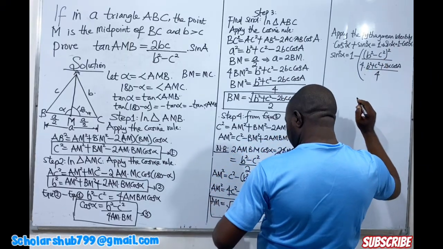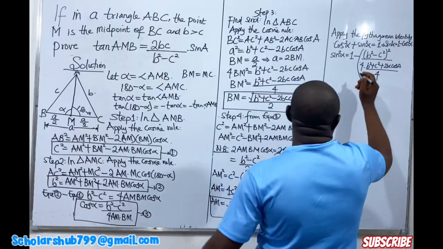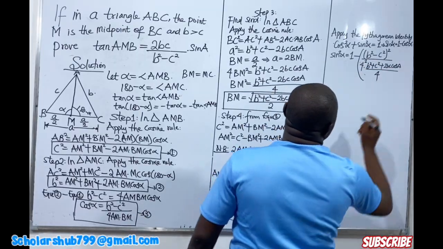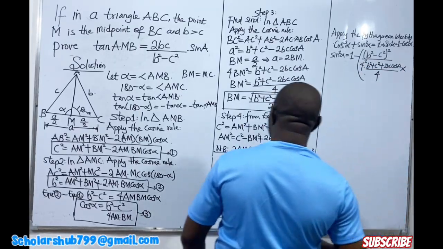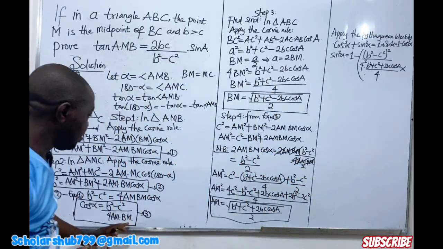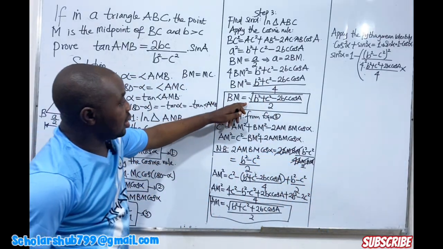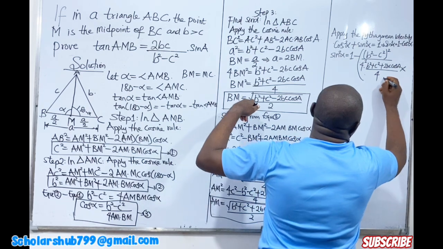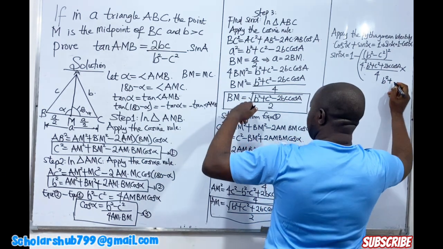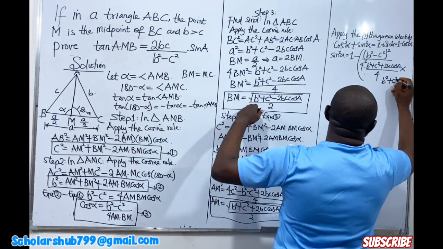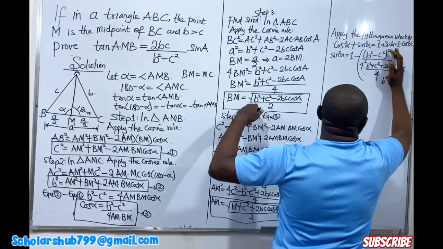So I'm going to square the 4 as well, so this will be 4 squared. Then multiplied by BM squared, that will be multiplied by b squared plus c squared minus 2bc.